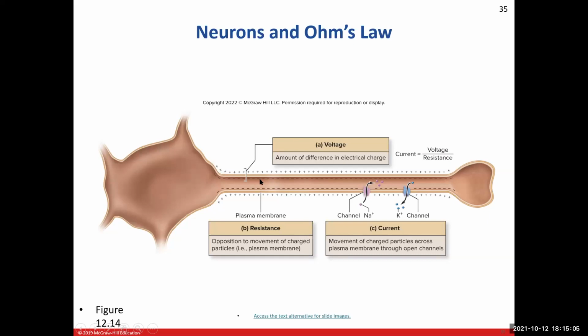That's a positive ion, but we also have our negatively charged phosphate ions and our negatively charged proteins. They're going to really contribute to that negative charge on the inside. Our plasma membrane offers the resistance; it opposes the movement of the charged particles across the plasma membrane. And then you can see our current, what's generating our current: the movement of these charged particles, these ions, in and out of the cell. That's going to create our current.